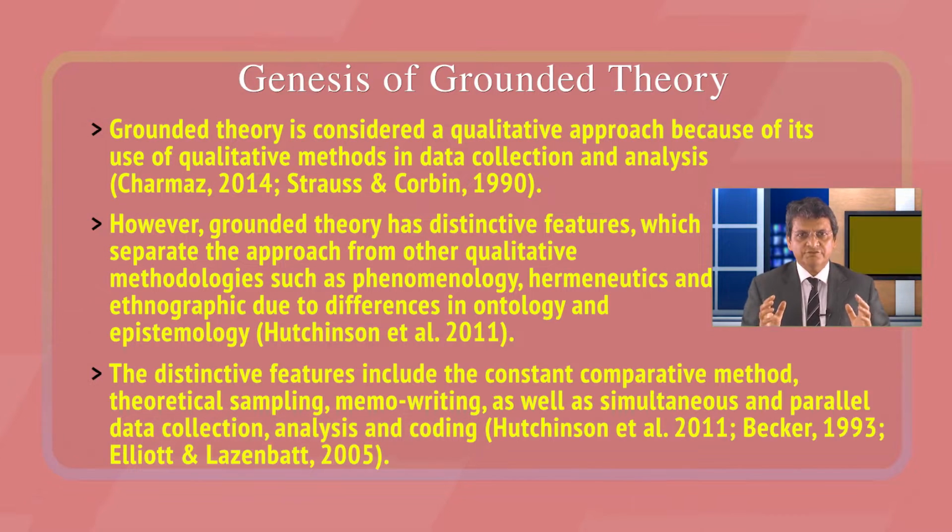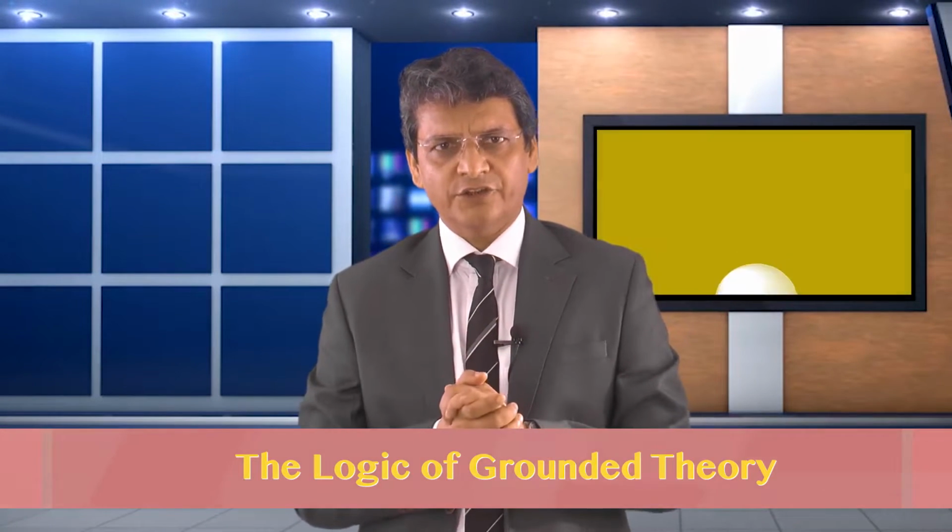The distinctive features include the constant comparative method, theoretical sampling, memo writing, as well as simultaneous and parallel data collection, analysis, and coding. Now, I'll be talking about the logic of grounded theory.